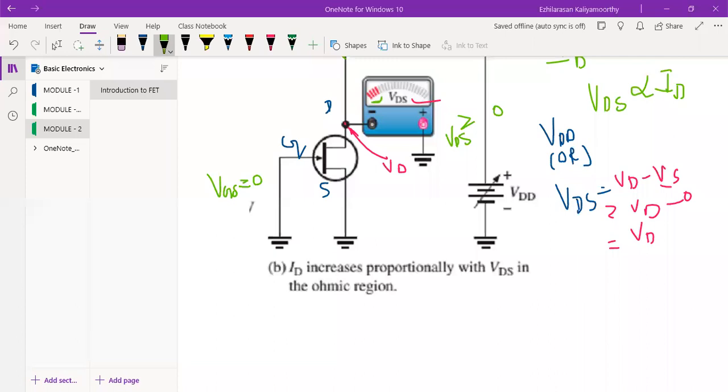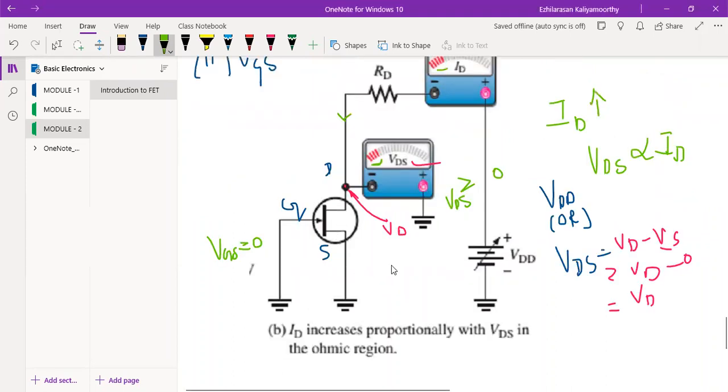Next thing, we need to know about the ohmic region. Now, what is the ohmic region? The ohmic region is when VGS is equal to 0, the depletion layer of the channel is very, very small, and the JFET will act like a voltage controlled resistor. That is why I said it is very important here: VGS is equal to 0, the depletion layer of the channel is very small.